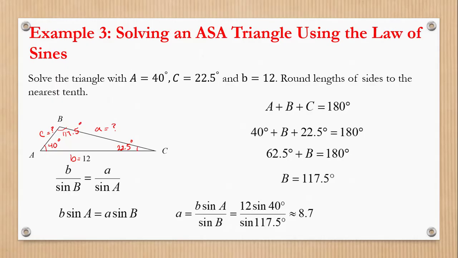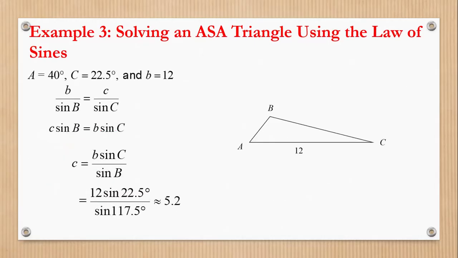To find the other side, I'm going to use this fraction again, but this time I will set it equal to C over sine C. And you will see that side C must be equal to 5.2.